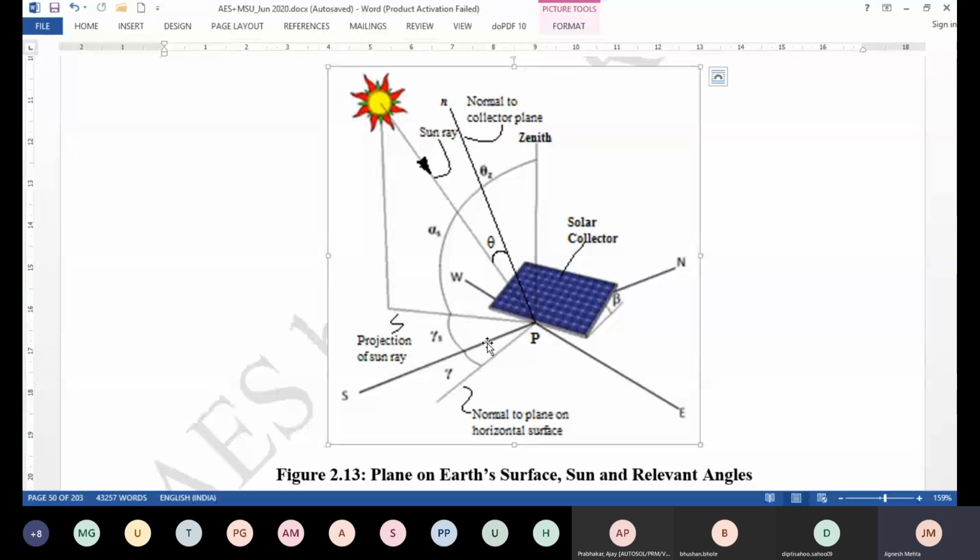In a way, the diagram is self-explanatory. I'm trying to explain the things with the help of this. See, you have to involve your imagination in this, and maybe you take a notebook with you and make it inclined to the horizontal plane at some angle, so that's angle beta, right?